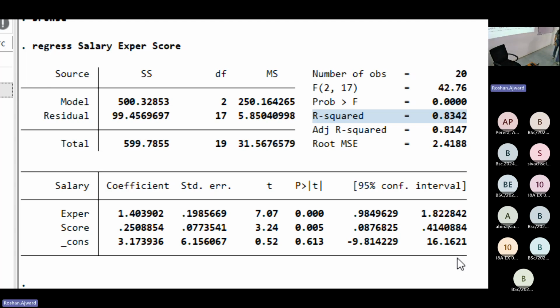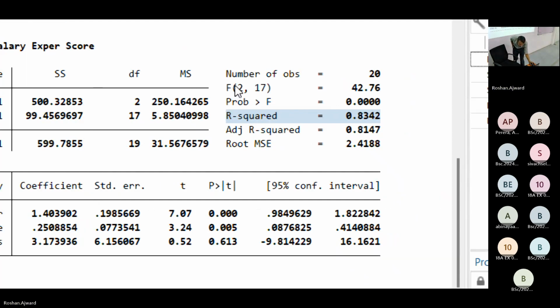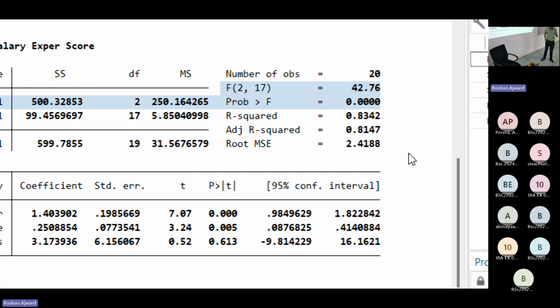Note down F value equals 42.76, and then the significance value or probability value, which is just below that, is 0.000.